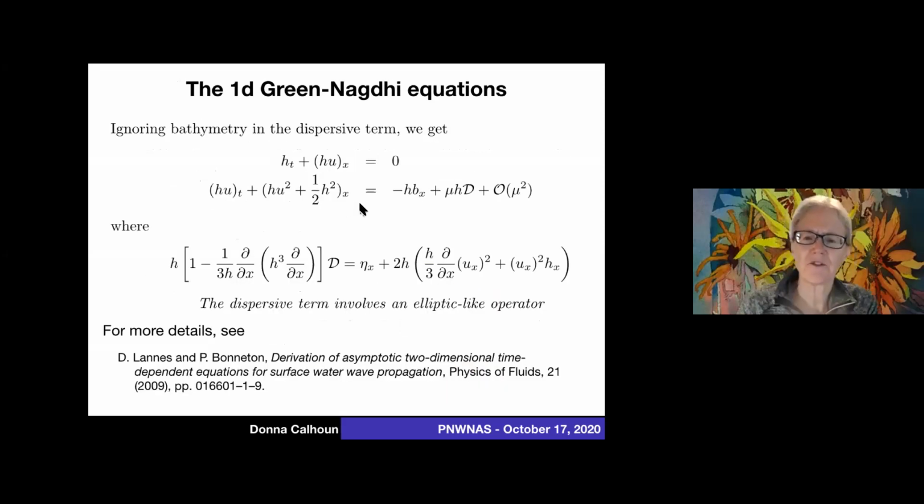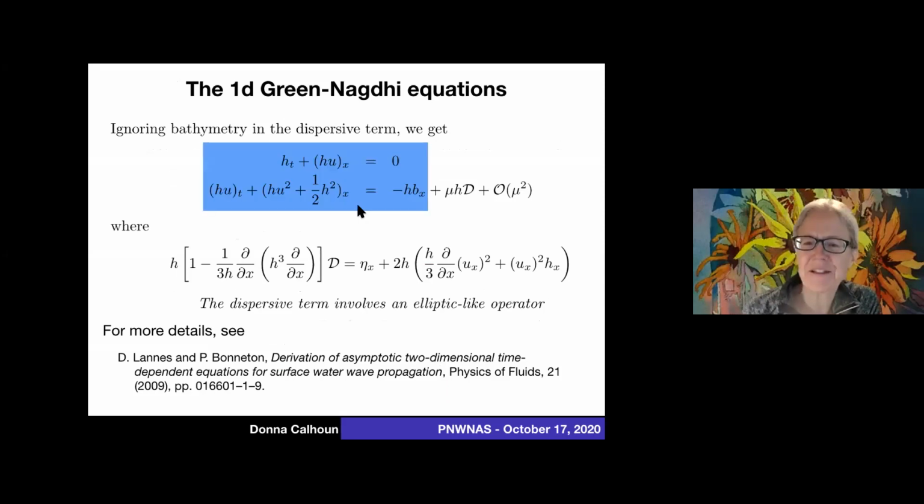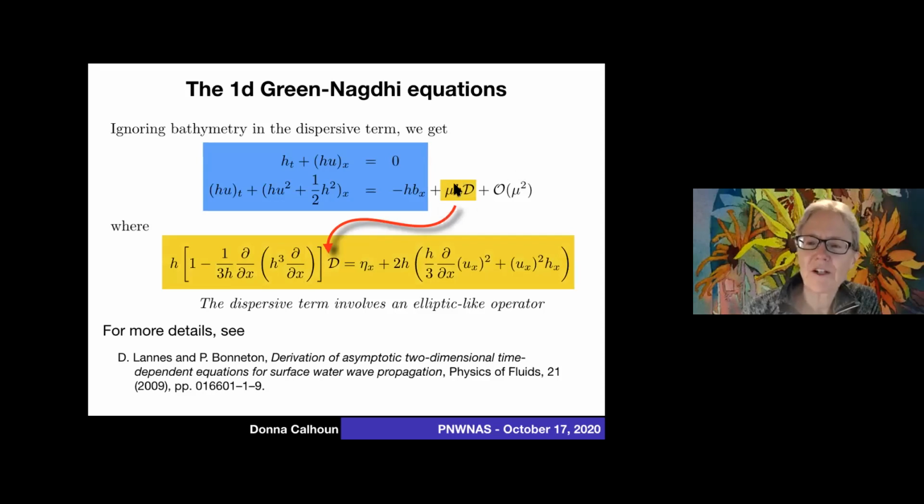Okay, so then again, it's not obvious where these terms come from, but what we can eventually do is formulate the 1D Green-Naghdi equations as shallow water wave equations plus a correction term, where this D is the result of solving an elliptic-like operator, okay? Now again, the splitting isn't at all obvious from what I just showed you.